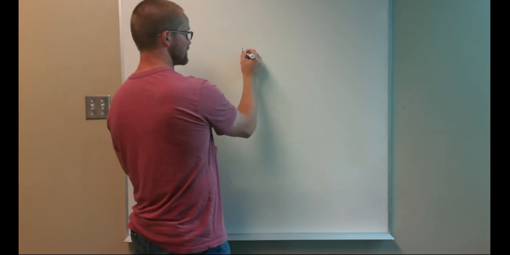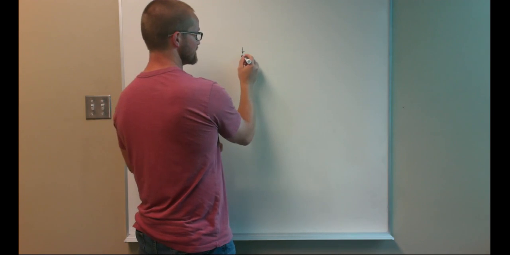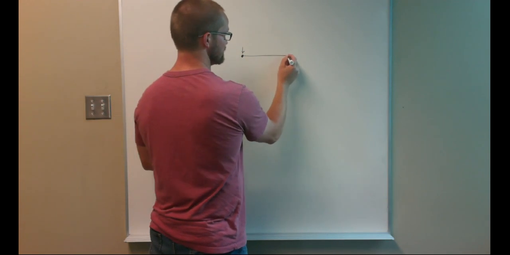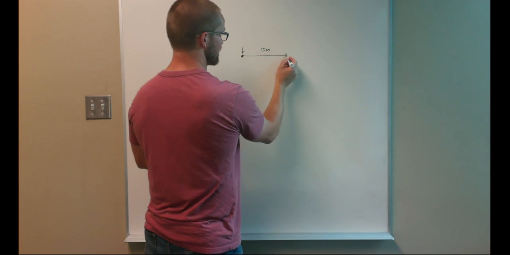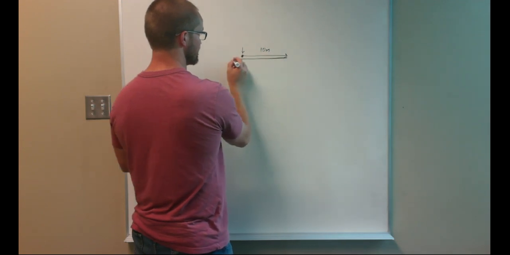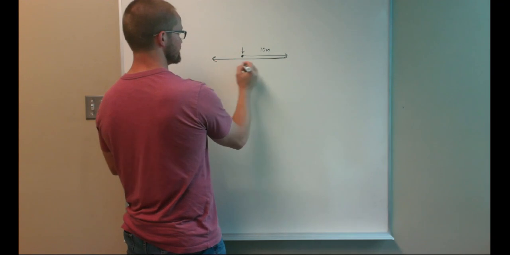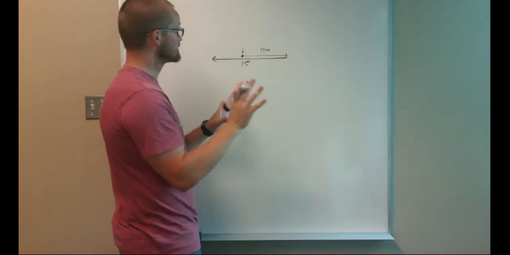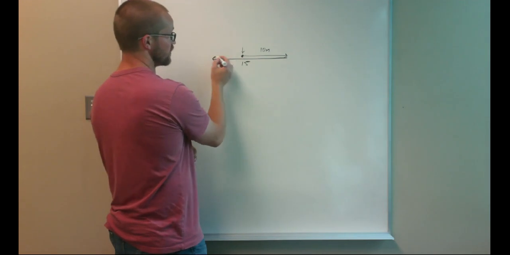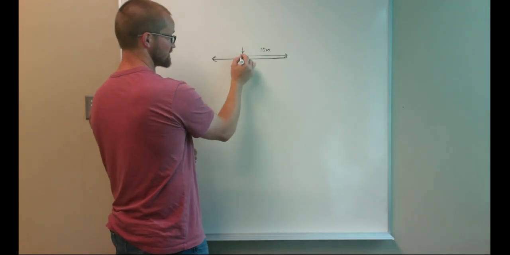So if this is our reference point, then I went 10 meters this way, and then I went 15 back. My displacement here is going to be what's from the reference point, so it's from where I started.